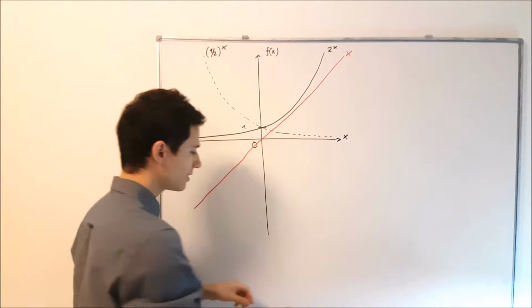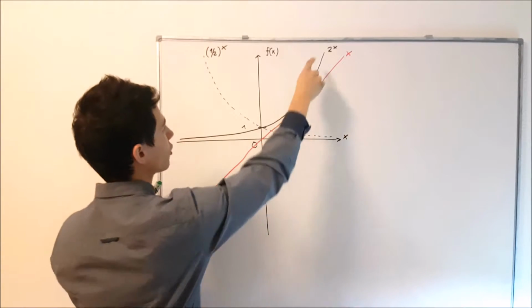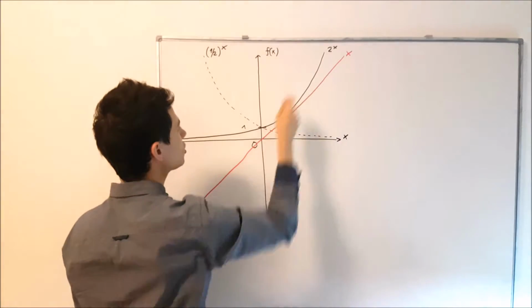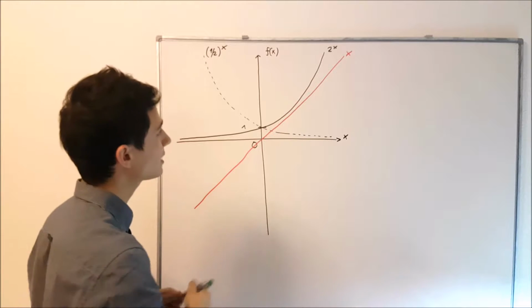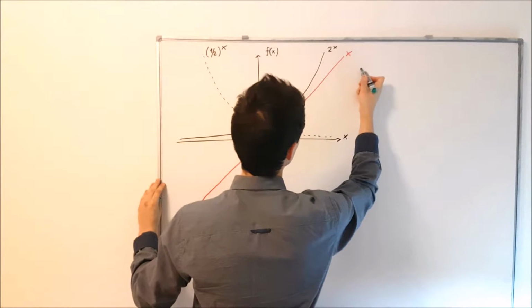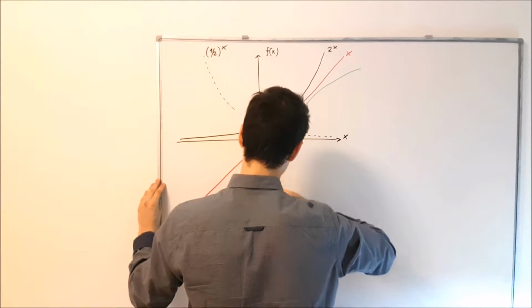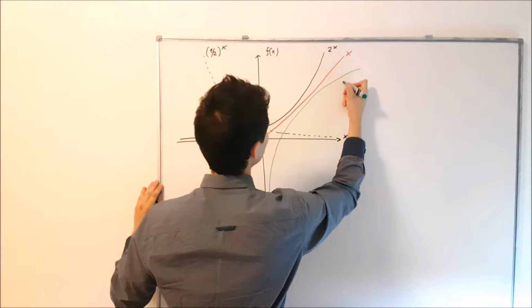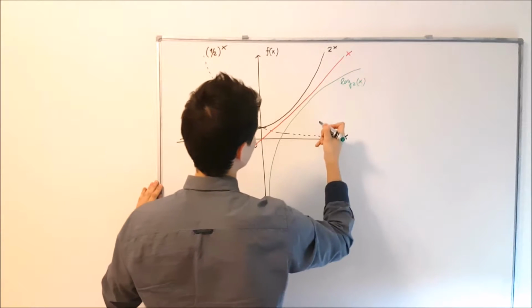And in order to get the graph of the inverse function of, for example, 2 to the power x, you simply mirror the original function at this particular line, and what we would get is the following.